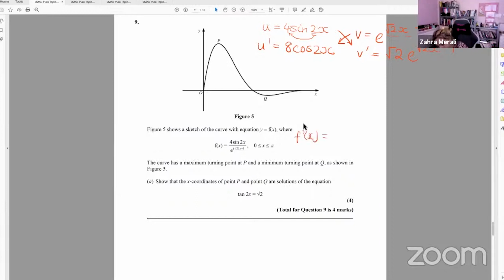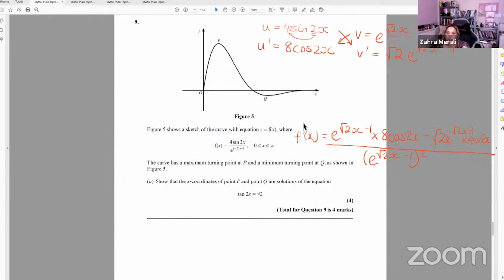So f dash x is going to be e^(√2x) − 1 times 8 cos 2x, minus √2 e^(√2x) − 1 multiplied by 4 sin 2x, all over v squared, which was (e^(√2x) − 1) all squared.